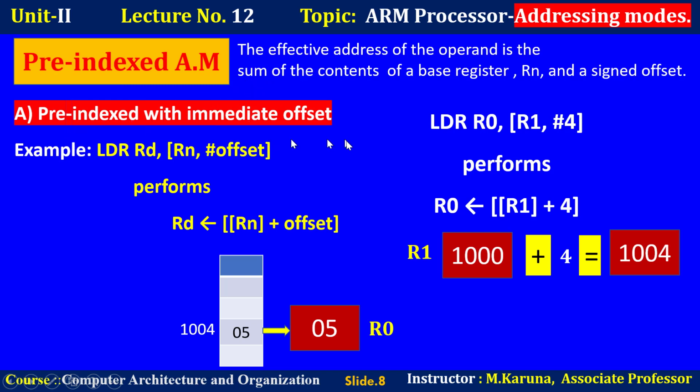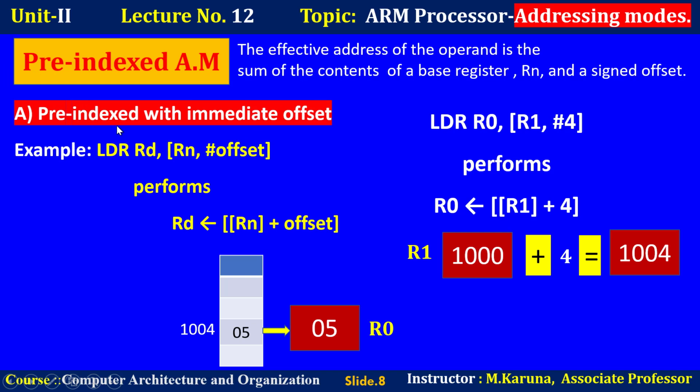Let us see an example for pre-indexed with immediate offset. I told you offset is nothing but some address; immediate means the data is available immediately in the instruction. That's what we mention here as immediate offset.